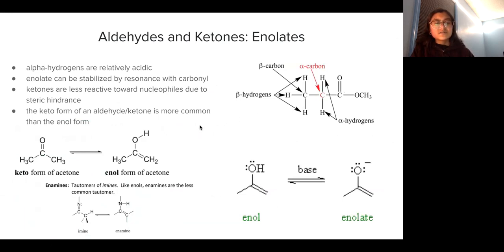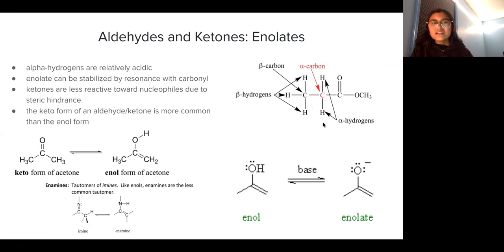Enolates. So alpha hydrogens are these hydrogens here that are next to the carbonyl carbon. This is your alpha carbon, beta carbon, and so your alpha hydrogens are here.